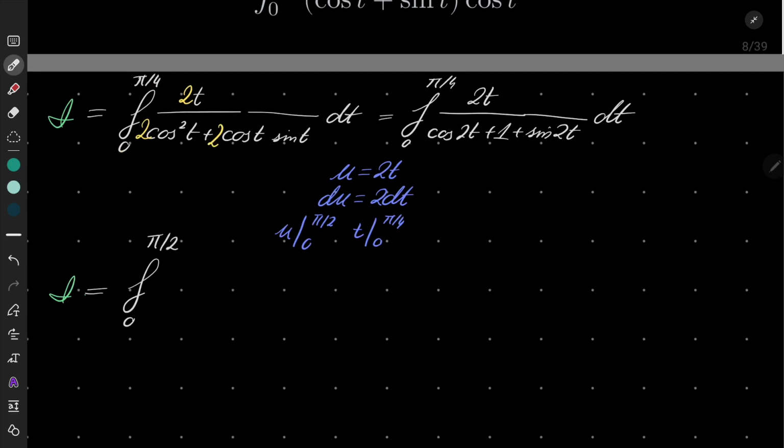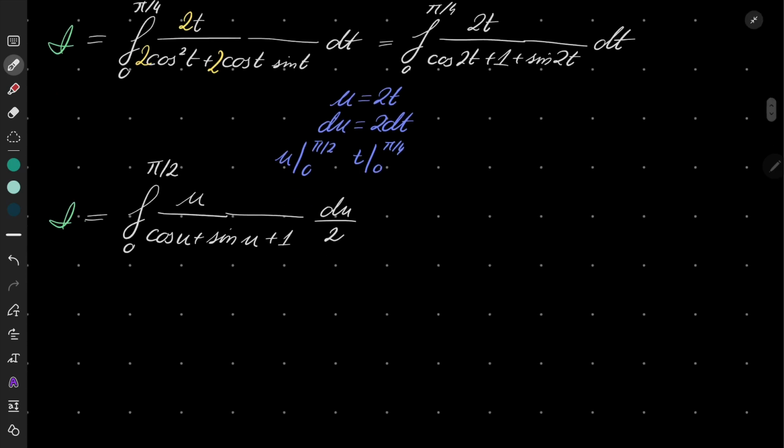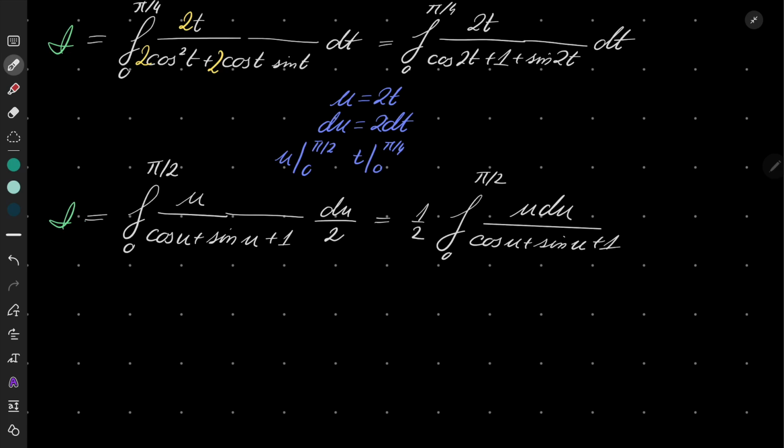Well, 2t is u. In the denominator, we have cosine of u plus sine of u plus 1. And dt is just du over 2. Maybe I will put 1/2 in front: 1/2 integral of u du over (cosine of u plus sine of u plus 1).